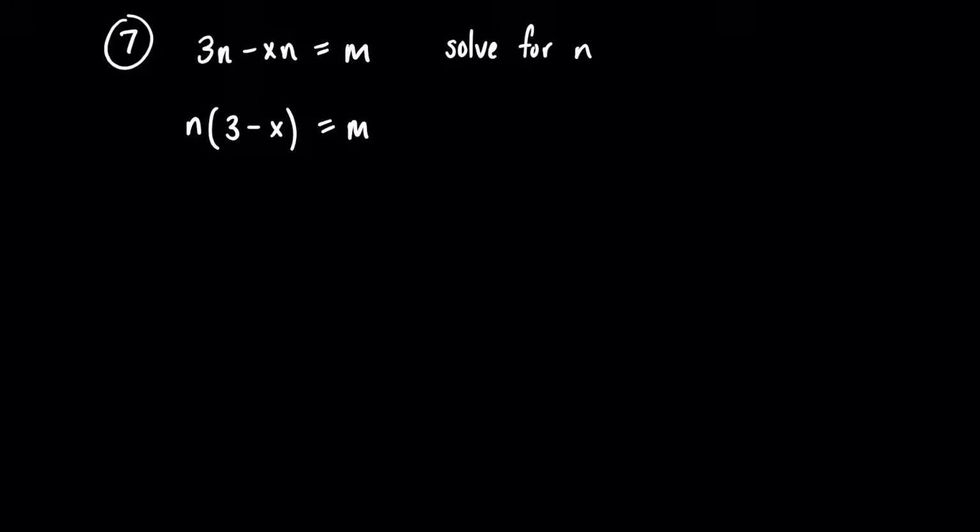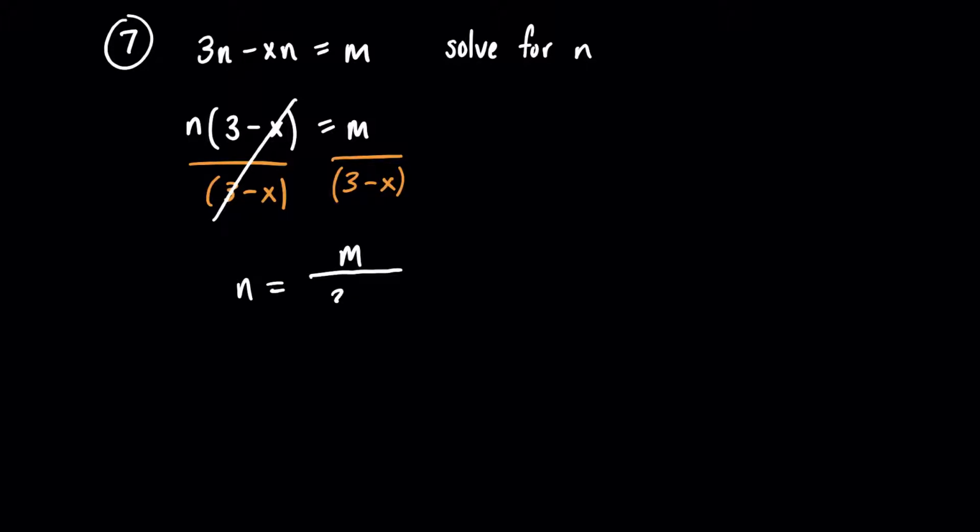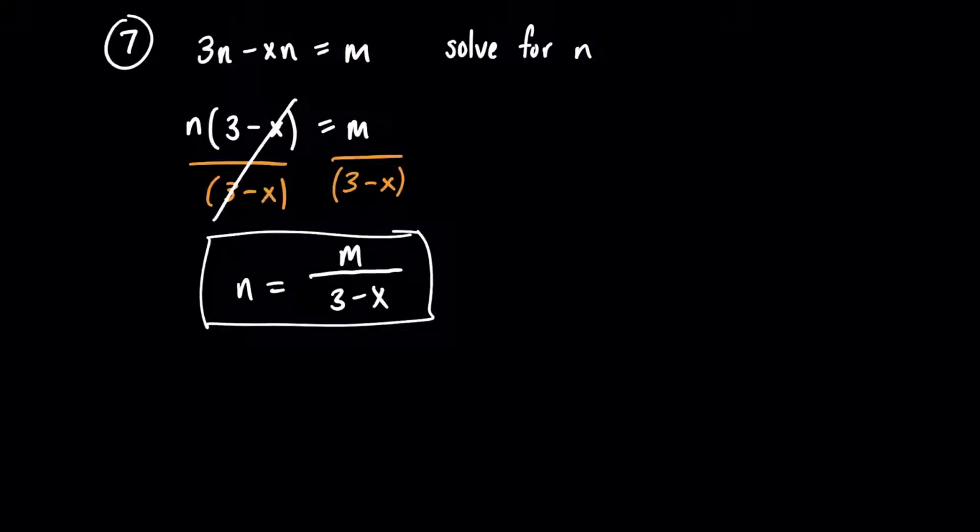And that's going to be equal to m. Not really doing anything to the right side. And then same as last time, in order to get n by itself, we're going to divide by the entire quantity 3 minus x. And we're going to do it on both sides. So our answer here, after those get rid of each other, would be n is equal to m over 3 minus x. That's how you would do that one.